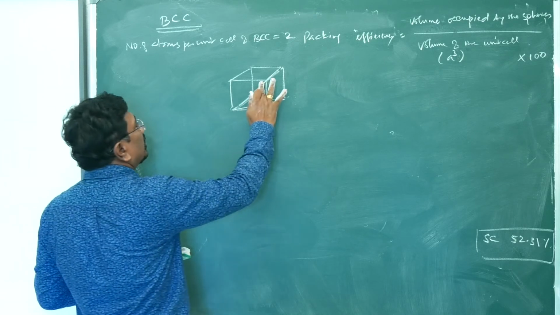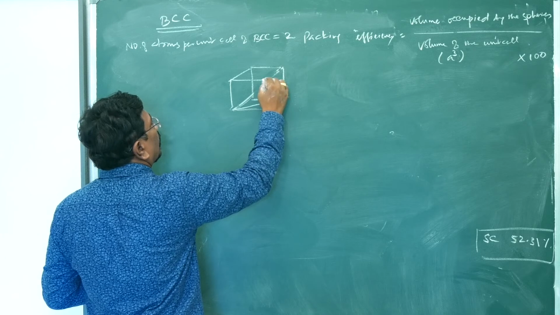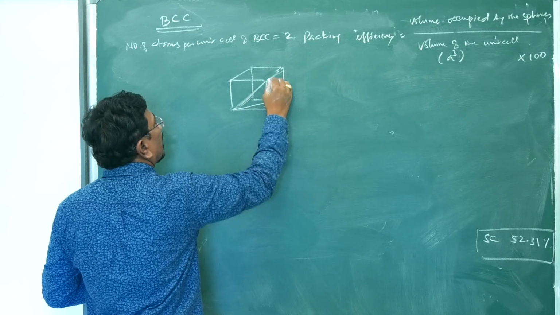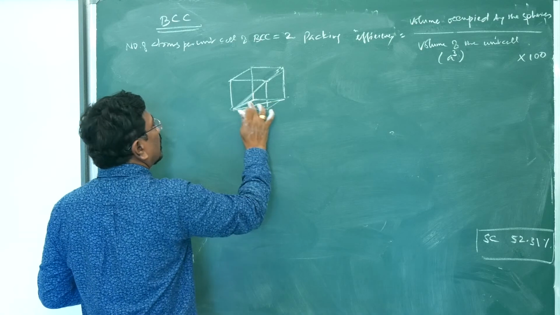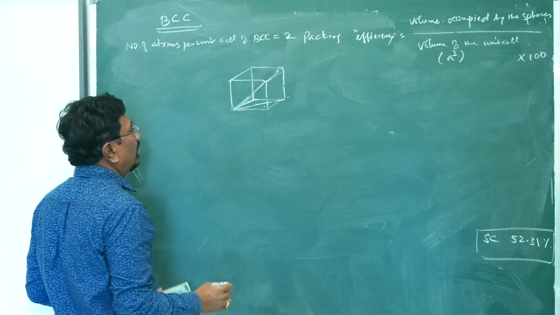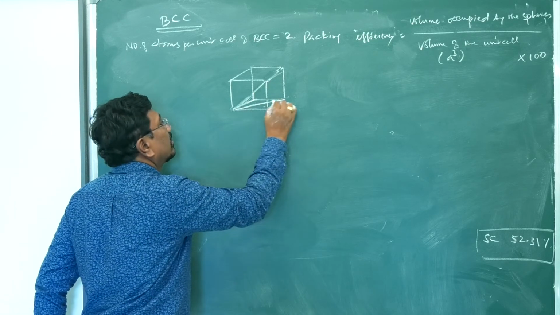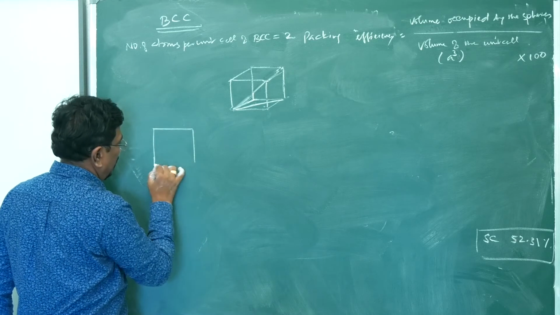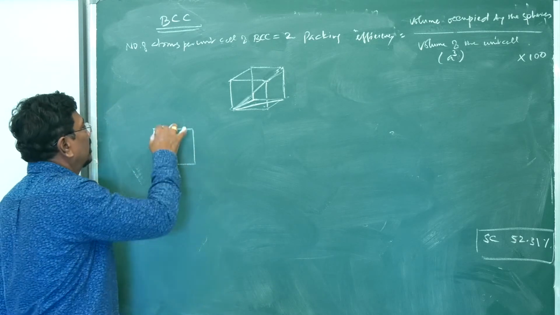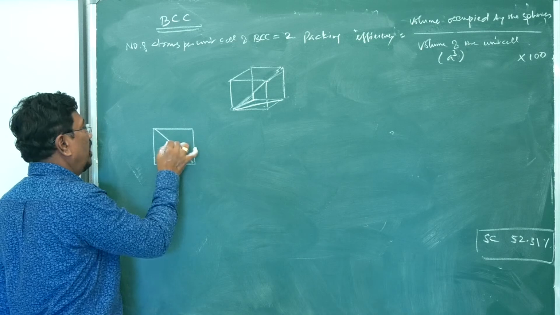To start with, let us calculate this length. For a particular face, the diagonal is drawn here. What is this length?